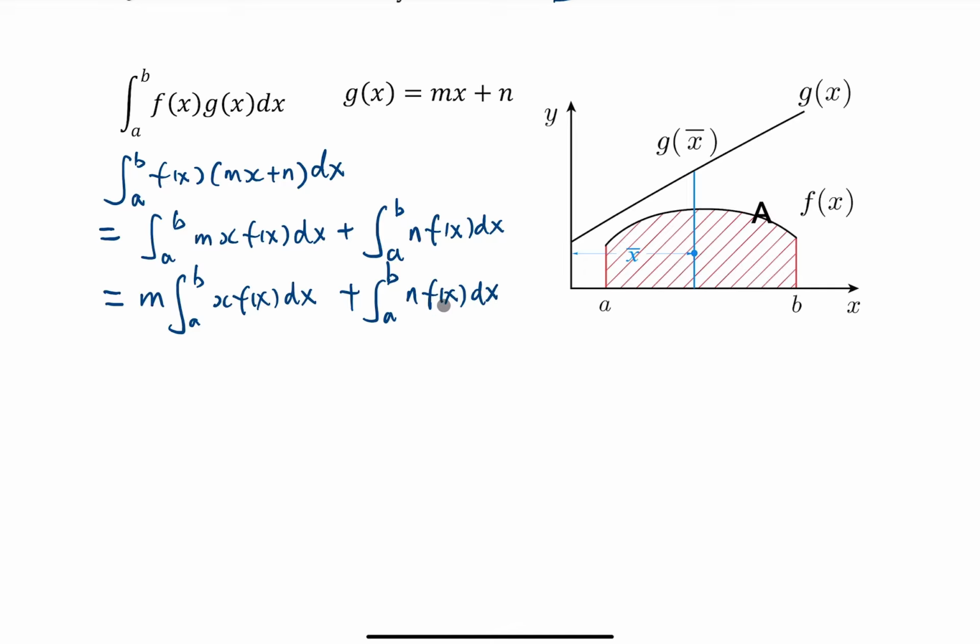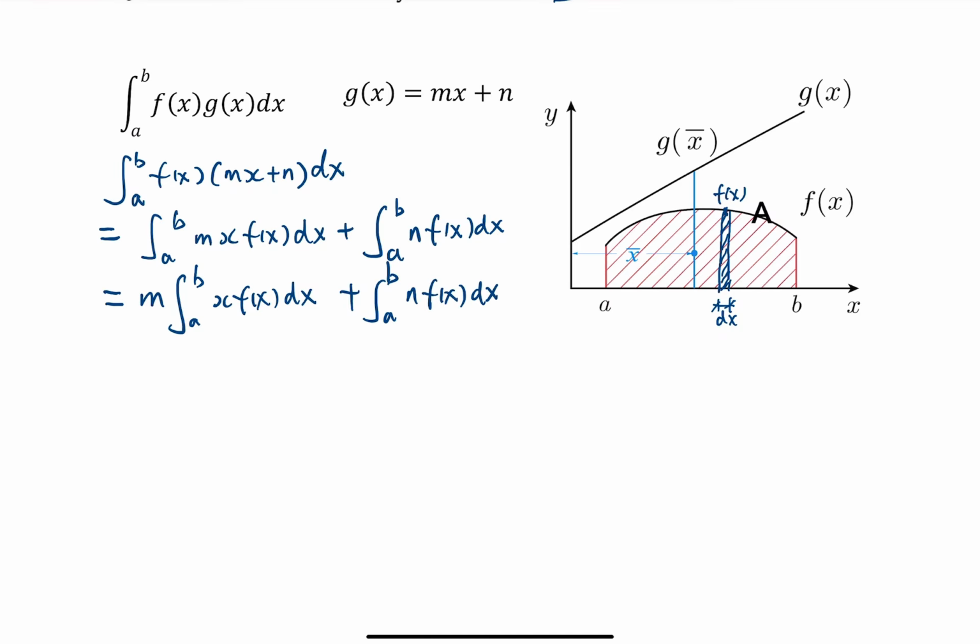What is this? If we look at this diagram, f(x) is this curve. If we find an arbitrary point on this curve, the value is f(x), and if we draw a very narrow strip, the width of this strip is dx.